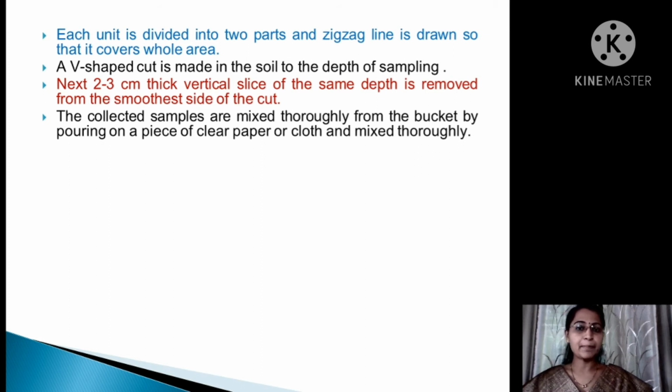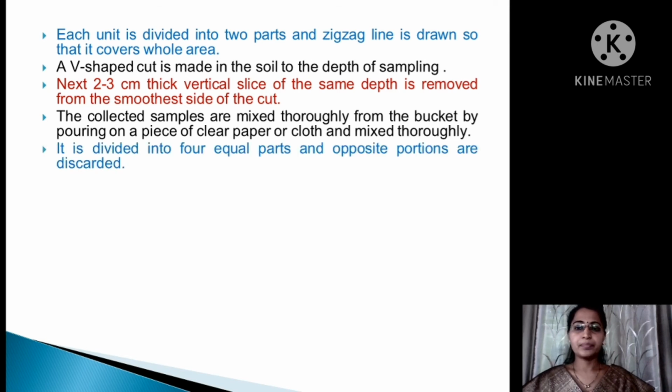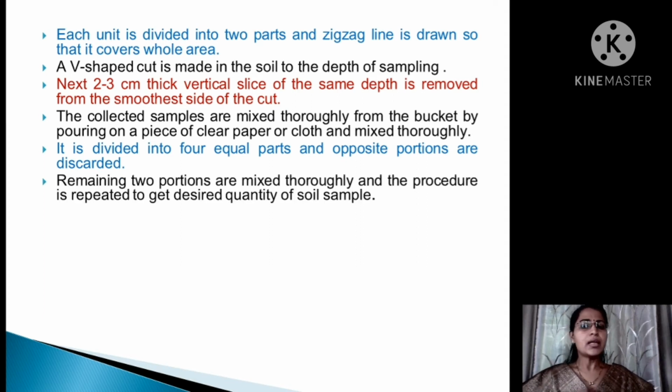The collected samples are mixed thoroughly from the bucket by pouring on a piece of clean paper or cloth and mixed thoroughly. It is divided into 4 equal parts and opposite portions are discarded. Remaining two portions are mixed thoroughly and the procedure is repeated to get the desired quantity of sampling.